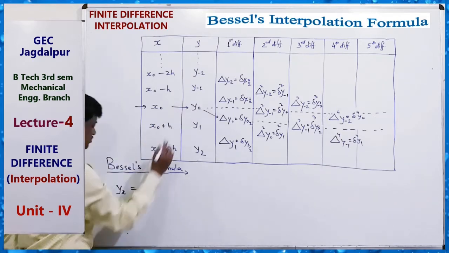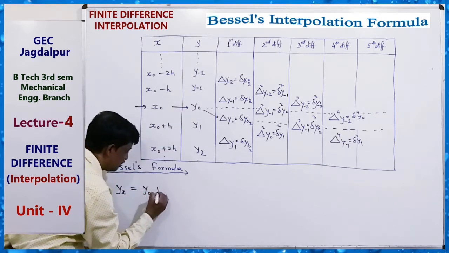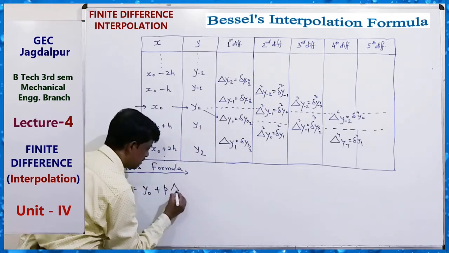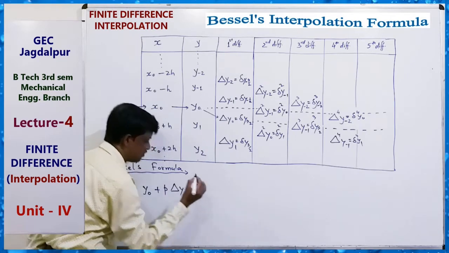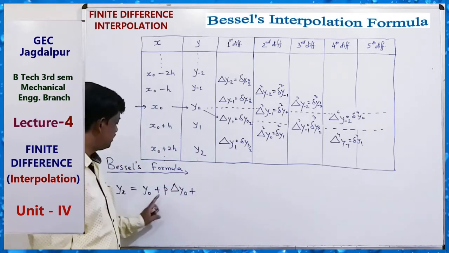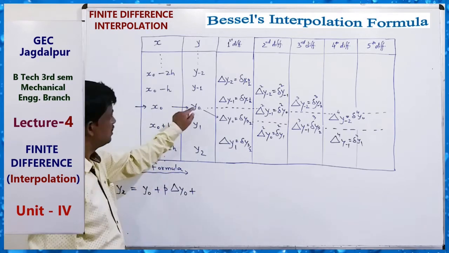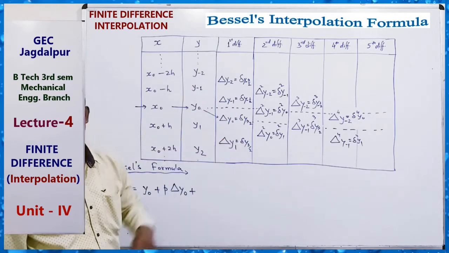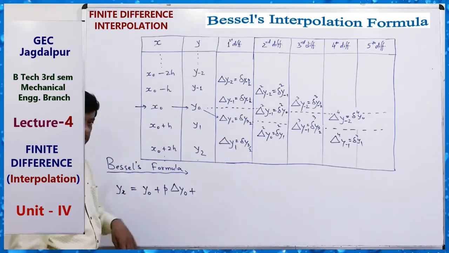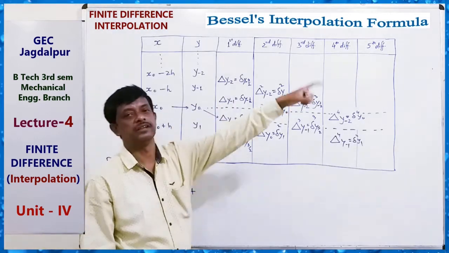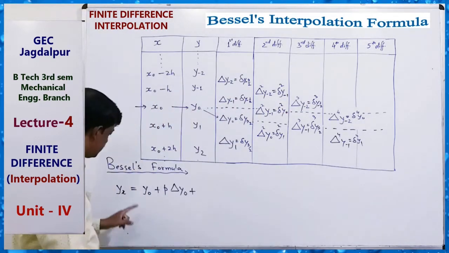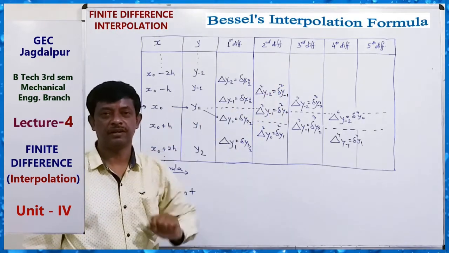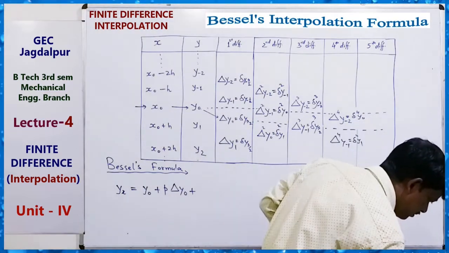First value y0. Then we know p and take the first difference. Okay, y0 plus p, and then first this, then this, and then start taking average below the center line. Okay, and then previous this, then average, then as in the Stirling formula. So here y0 plus p del y0 first, and then write average. Okay. So p del y0.